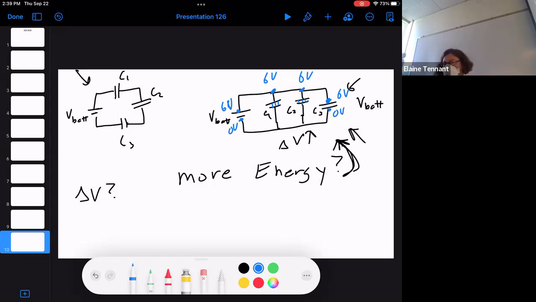We got charge, we got potential difference, got more charge. Sorry, just making sure I have the right one. Let's go with number 16.